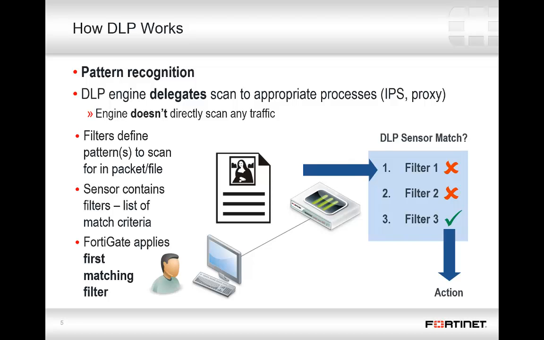So remember that when troubleshooting, you may need to investigate flow through modules that you didn't manually enable. If the scan finds a match, it executes the filter's corresponding action. So in the example here, the first two filters didn't match the file, but the third one did, so its action occurred.